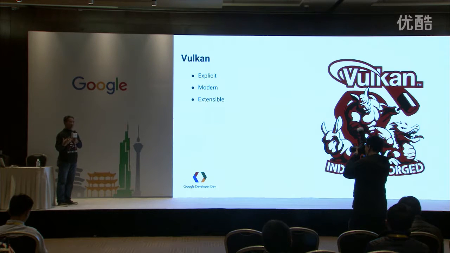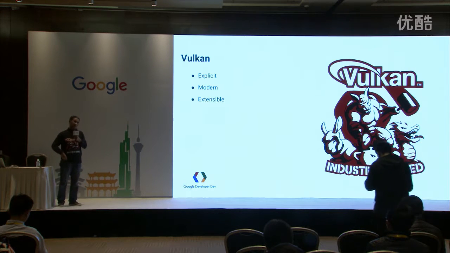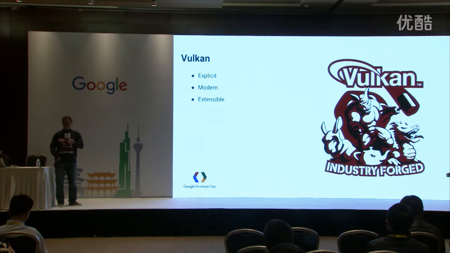Explicit means that with OpenGL, for example, if you don't use something, you don't have to set it. The OpenGL engine will set a default for you. Here, anything you use, you need to set to something. Anything you don't need, you need to initialize by yourself.